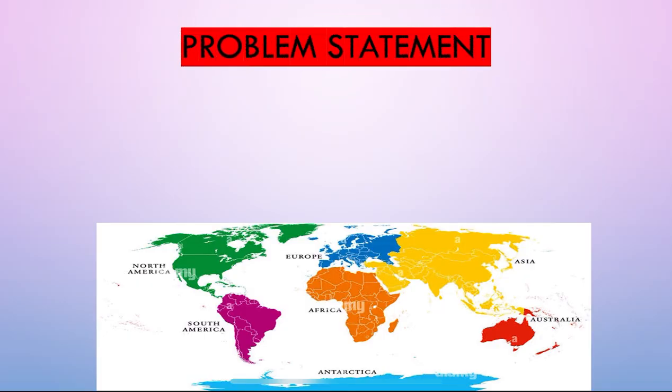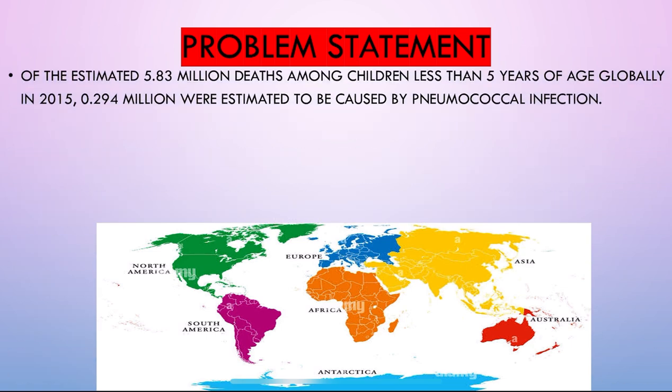Moving further to the problem statement. Of the estimated 5.83 million deaths among children less than 5 years of age globally in 2015, 0.294 million were estimated to be caused by pneumococcal infection.